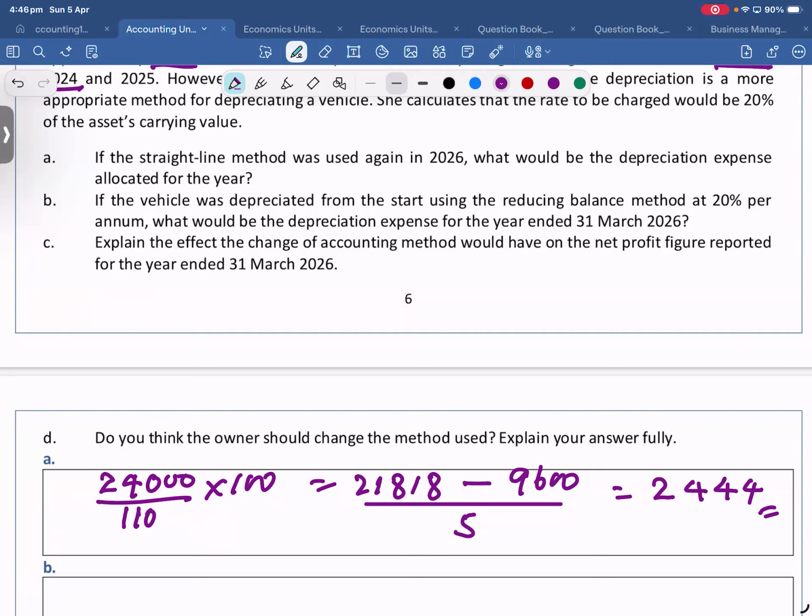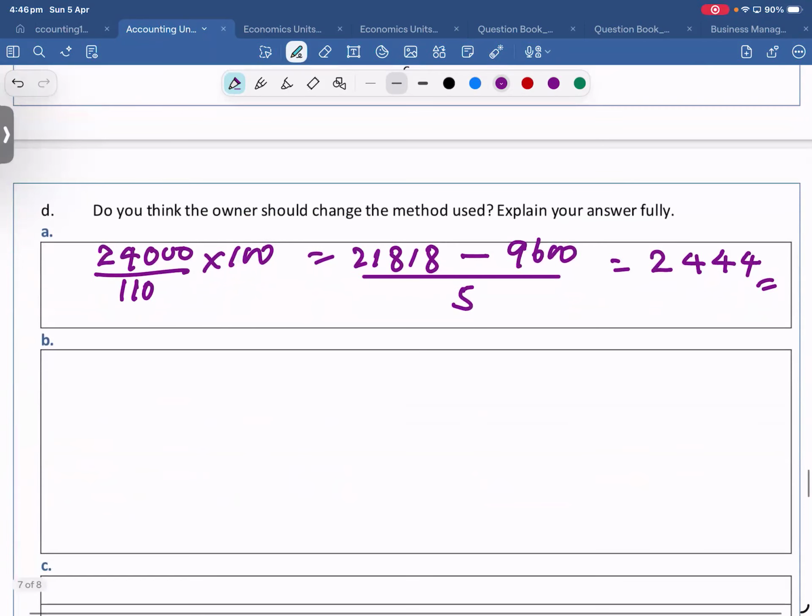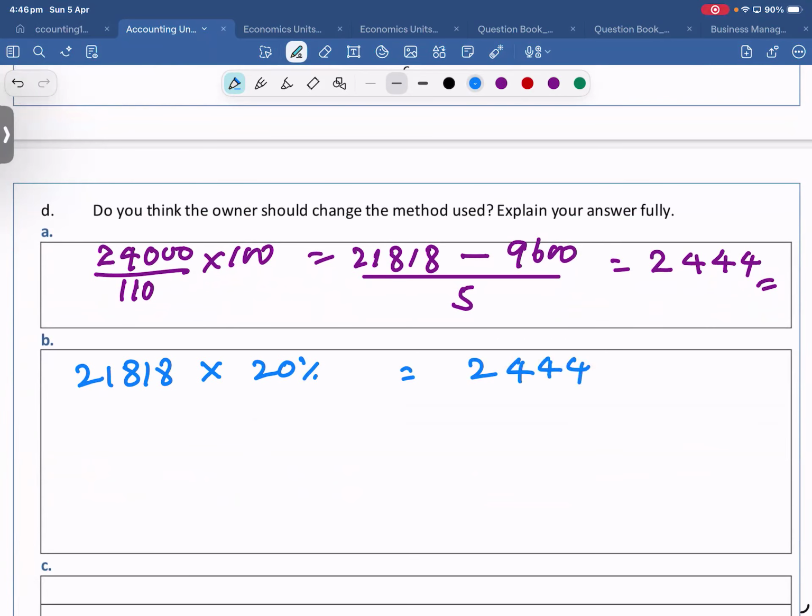Right. If the vehicle was depreciated from the start using the reducing balance method at 20% per annum, then what's the depreciation for 31st March 26? Yep, 21,818 times by 20%, which is again 2,444. Regardless, the first year will be the same depreciation.